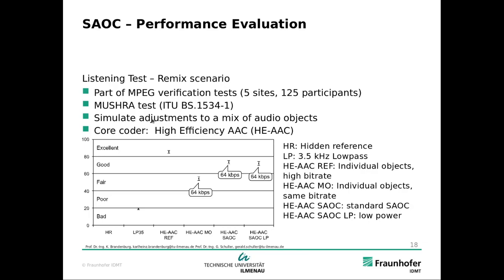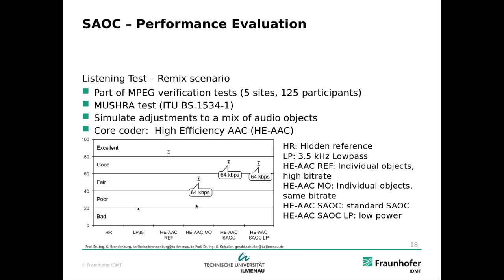Yeah, so we simulate adjustments to a mix of audio objects, and the core coder is high efficiency AAC. So here HR is the hidden reference. So hidden reference is the original, which is important to detect if a listener can hear the difference or not.